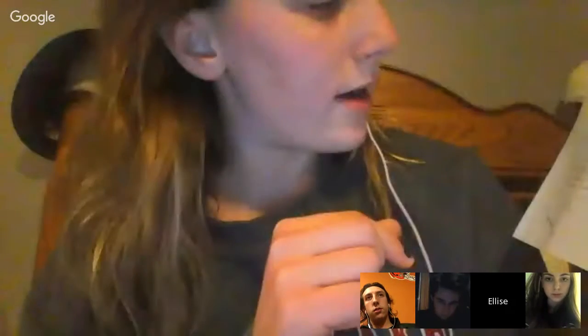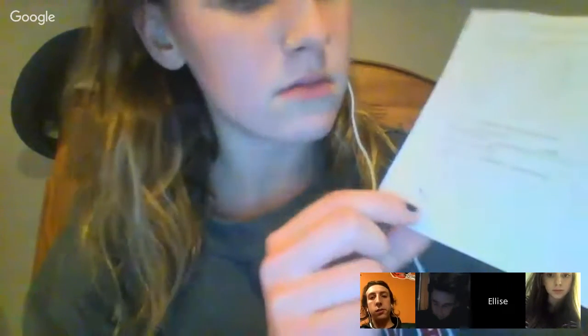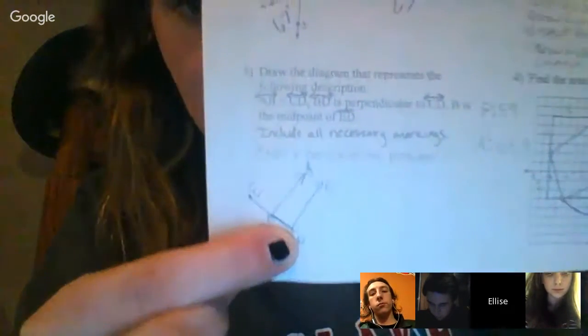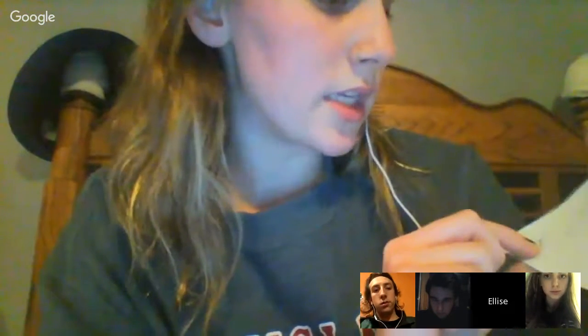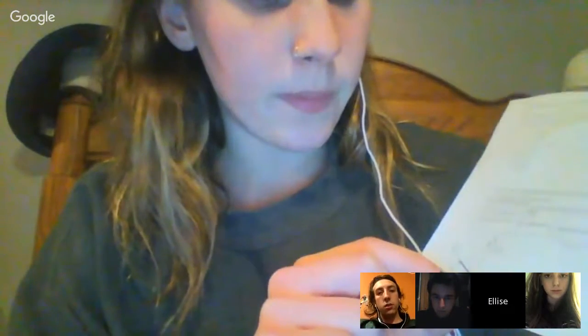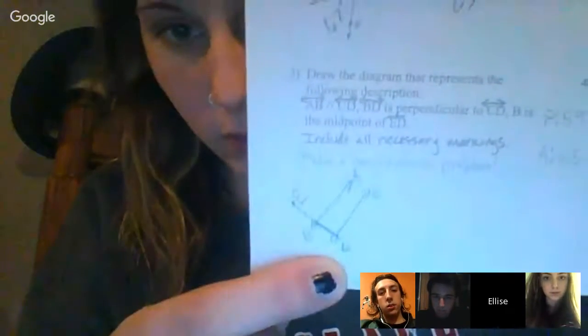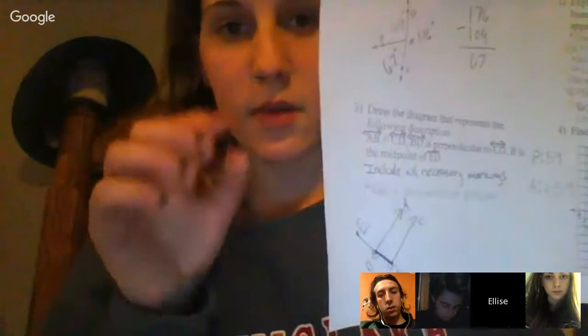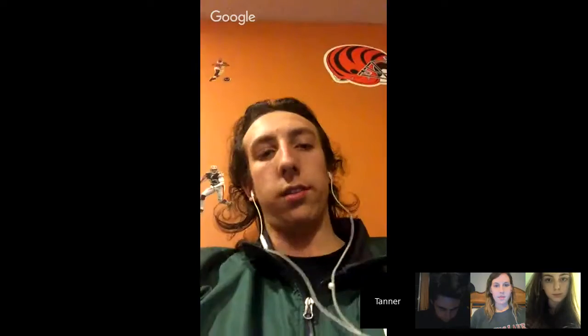And then I have line BD, which is perpendicular to CD, and it's going in between the parallel lines. And then B, which is the midpoint of line segment ED, is a point off of the whole construction with a line through it that has B as the midpoint and D as its other endpoint. That's exactly what I have.